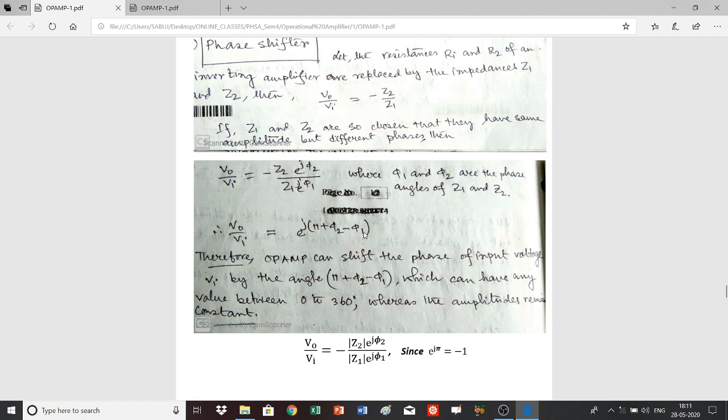Therefore, in the case of an inverting amplifier, the OPAMP can shift the phase of the output voltage by an angle phi plus phi 2 minus phi 1, which can have any value between 0 to 360 degrees. However, in this case the amplitude remains constant. So an inverting amplifier can act as a phase shifter.